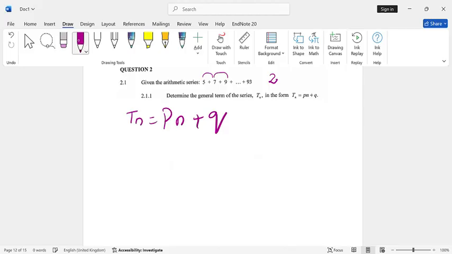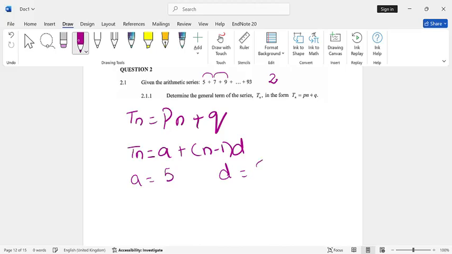We have the formula of Tn equals A plus (n minus 1) D.